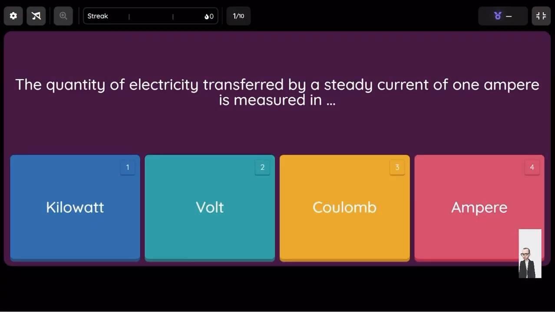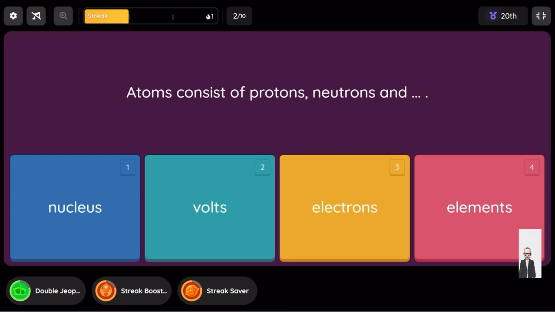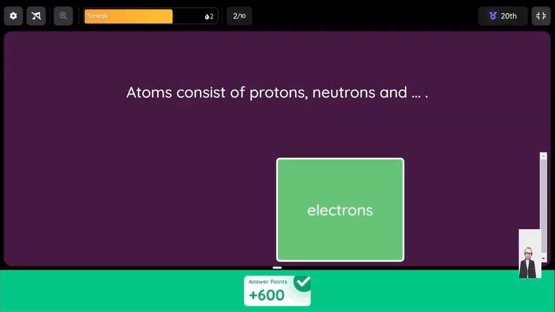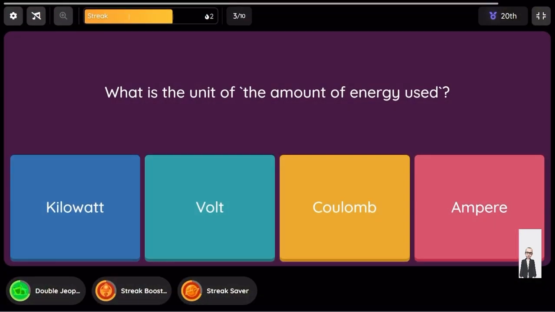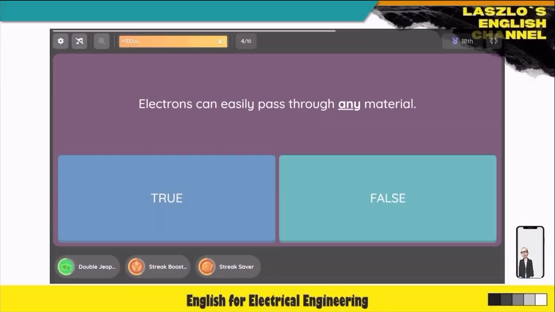Atoms consist of protons, neutrons, and nucleus, volts, electrons, or elements. Hopefully you are all screaming electrons at the screen right there. What is the unit of amount of energy used? Kilowatt is the correct answer.